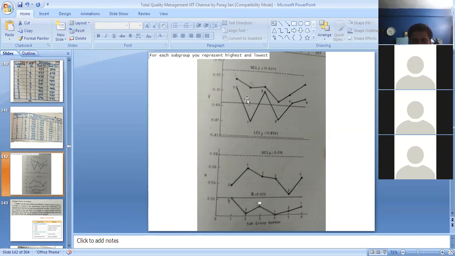It means that your second machine is providing the highest value. Here I have written 1, because the first machine is providing the lowest value. Similarly, for the third shift, the first machine is providing the highest value of the x bar, and the third machine is providing the lowest value of the x bar. In this way, you will be completing the diagram.